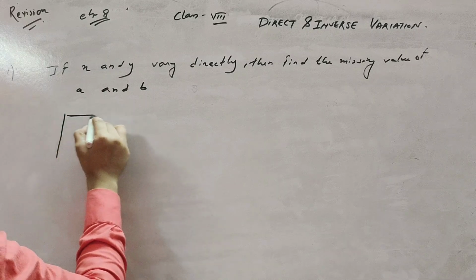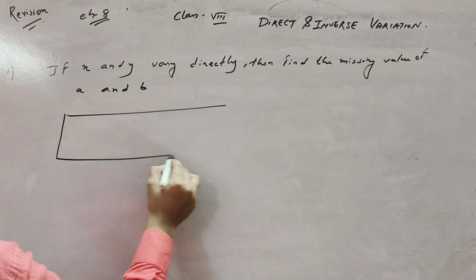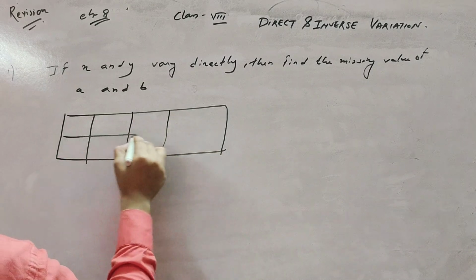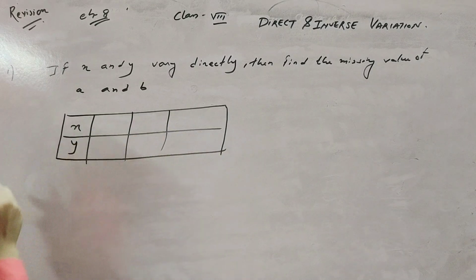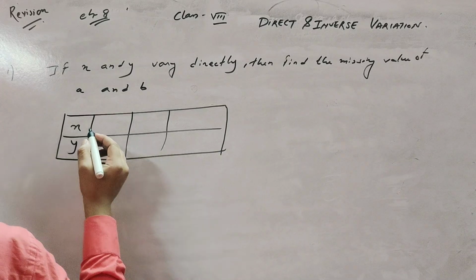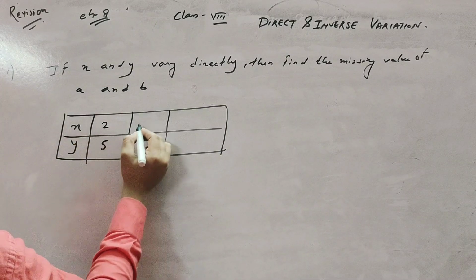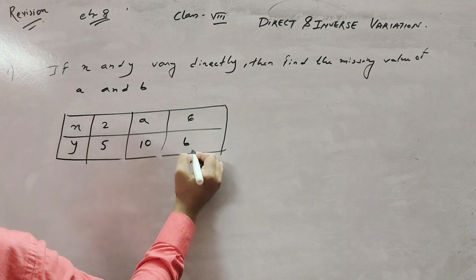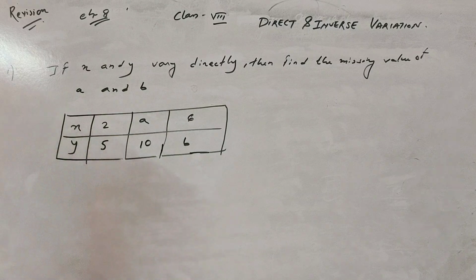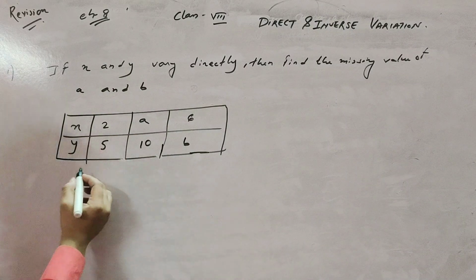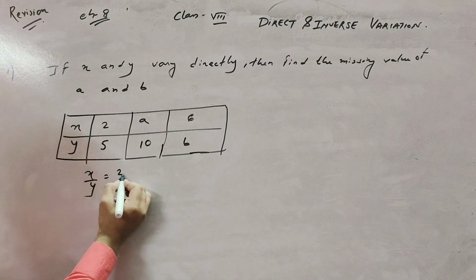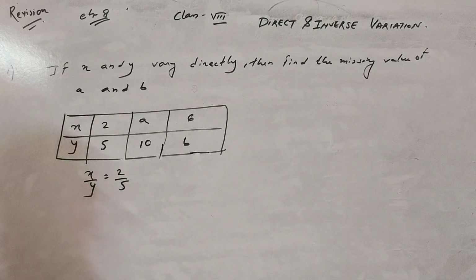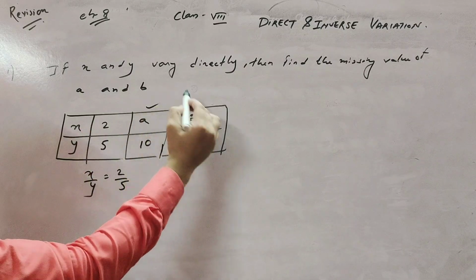Here a table is given, x by y, that is directly variable, and given 2 by 5, a by 10 and 6 by b. If these are all directly variable, then we know that x by y equals 2 by 5. Now find out the values of a and b.